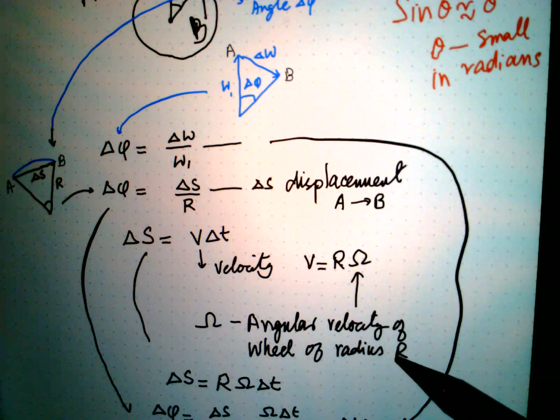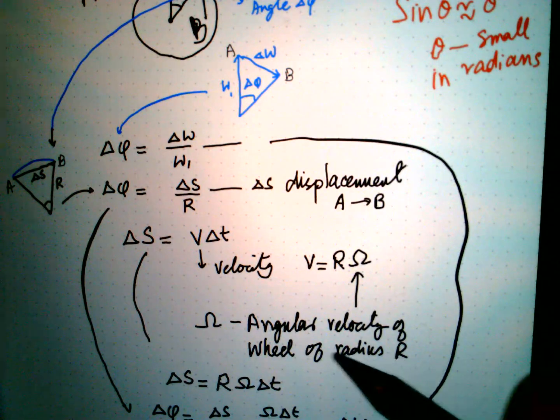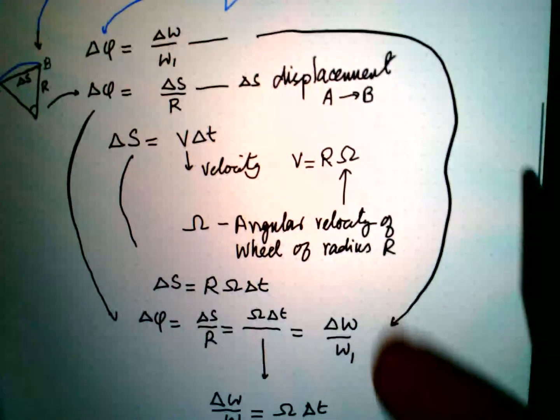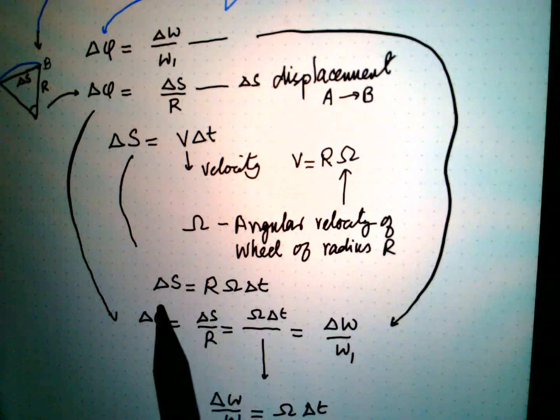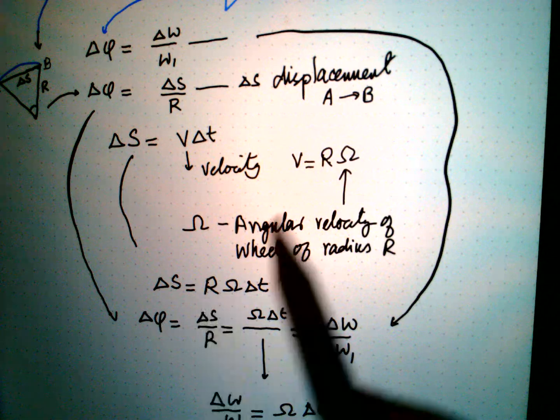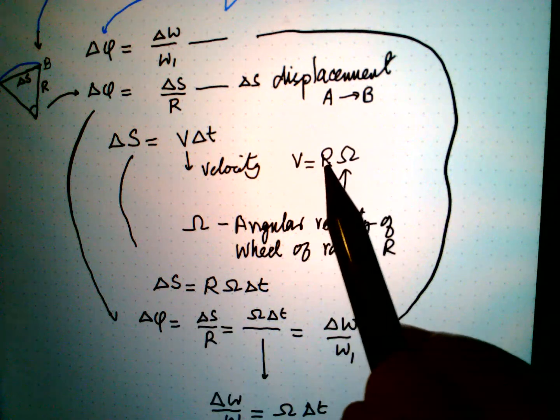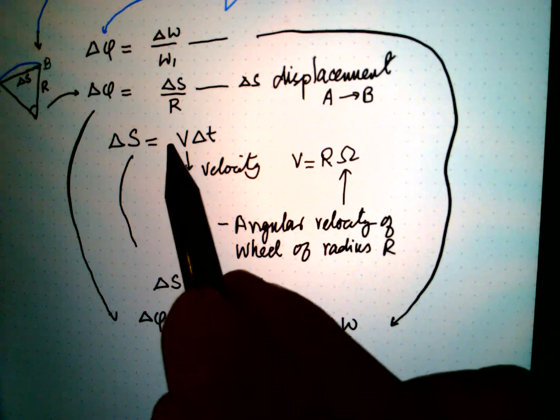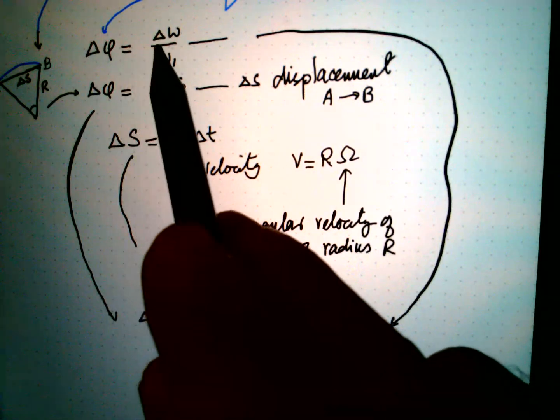This is the angular velocity of the cyclist for the whole radius. So if you put this in, delta s is equal to v delta t, and v is r omega.